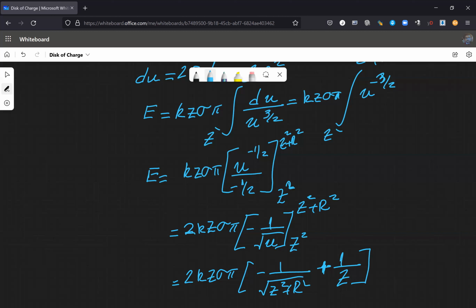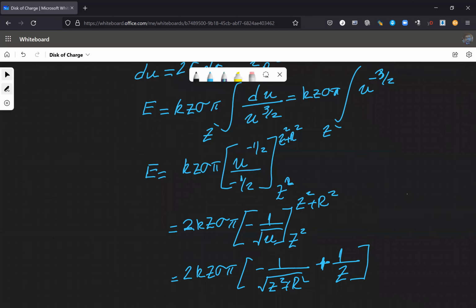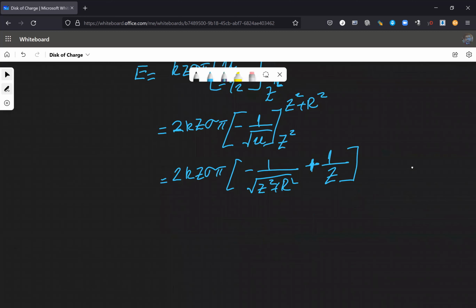All right. So what can I do now? I can let this z in right here. So this will be 2k sigma pi.